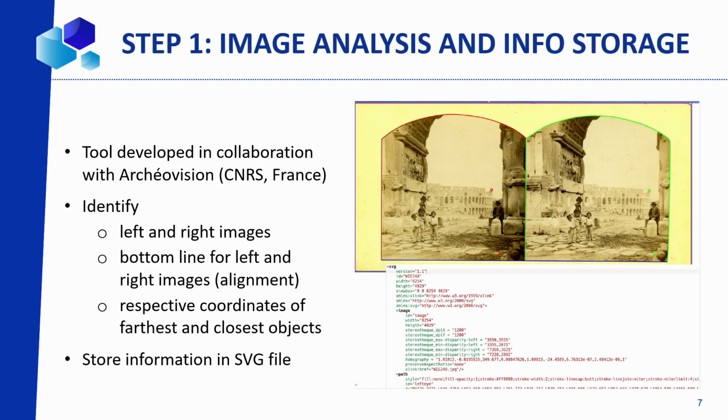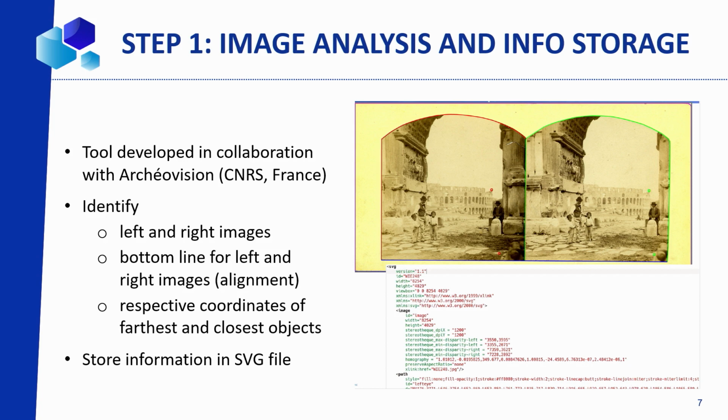That tool was developed with Archéovision in France. It's a semi-automatic tool. Basically, it will help the user figure out where's the left image, where's the right image. This is a pretty clean one, but trust me, there are some images that are absolutely horrible, and you do not know when it starts and it ends with the rest of the medium.